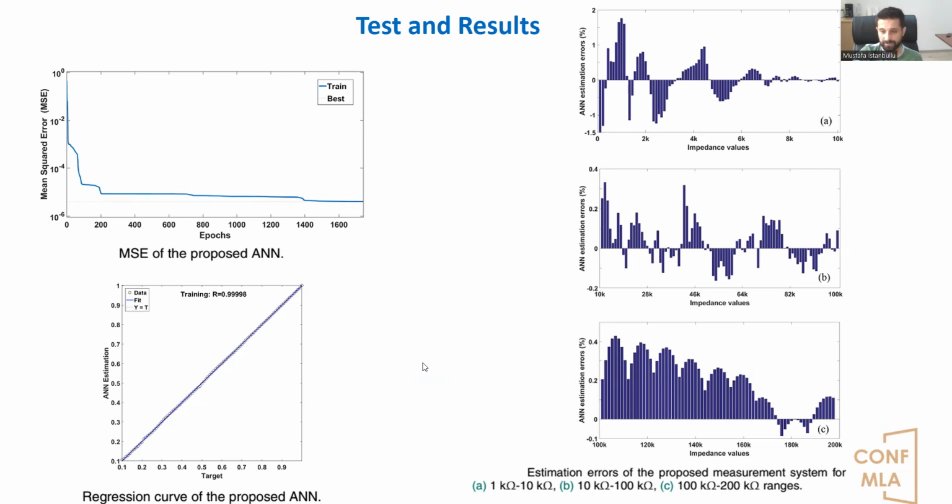The top right figure indicates the measurement errors in the 1 to 10 kilo ohms measurement range, whereas the middle right and bottom right figures indicate the 10 to 100 and 100 to 200 ranges respectively. As seen in these figures, the maximum error is less than 1.63%, whereas the average error is 0.206% for the full measurement range.